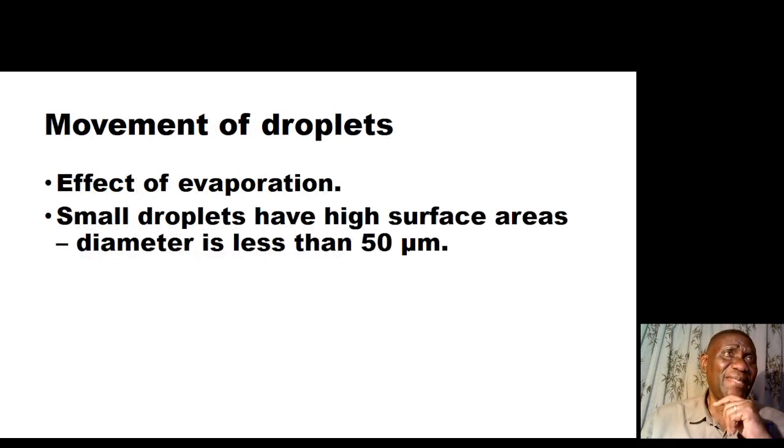For movement of droplets, we have to look at the effect of evaporation. Small droplets have high surface areas. If the diameter is less than 50 micrometers, they probably have a potential to easily evaporate.